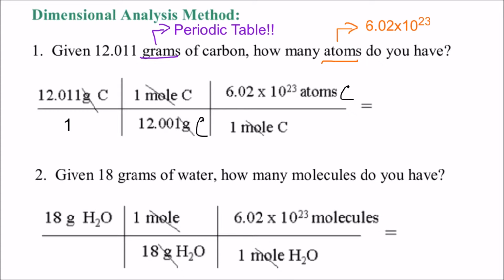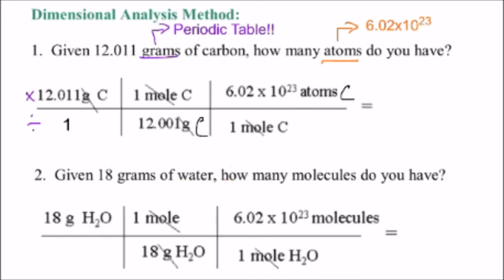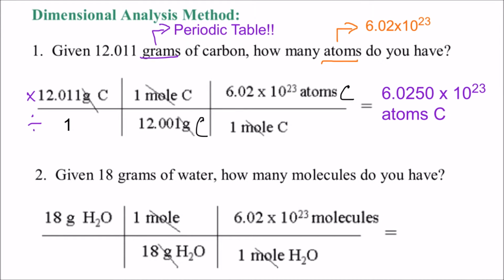Okay, now we're just simply going to multiply across the top and divide along the bottom. So take a second and do that. So we get 6.0250 times 10 to the 23rd atoms of carbon.